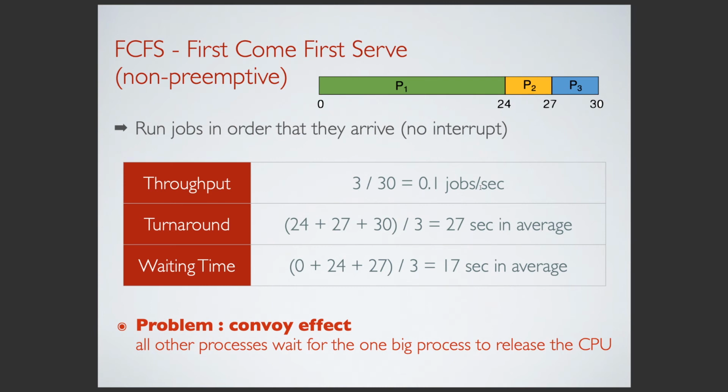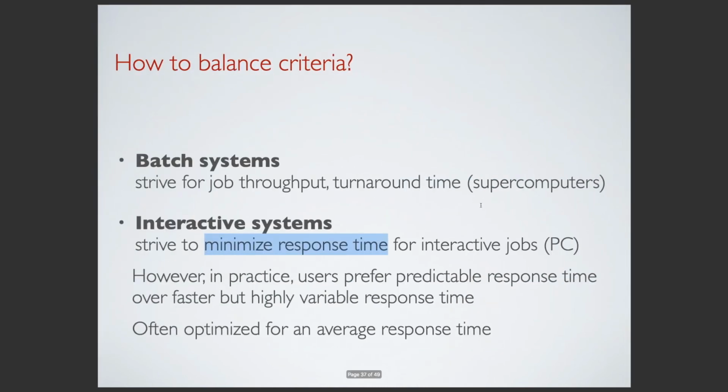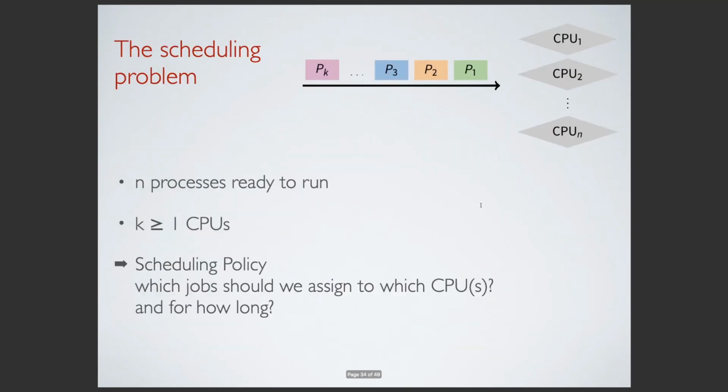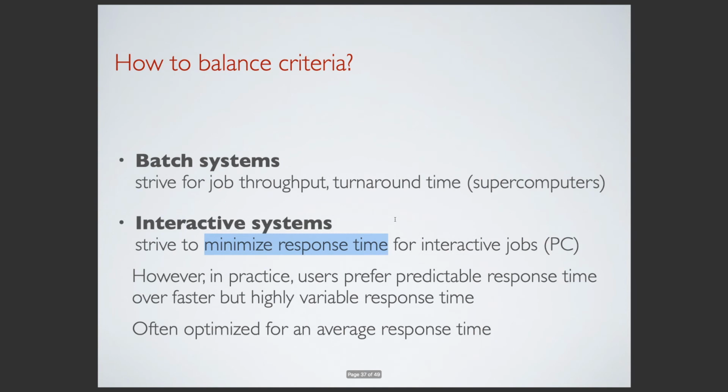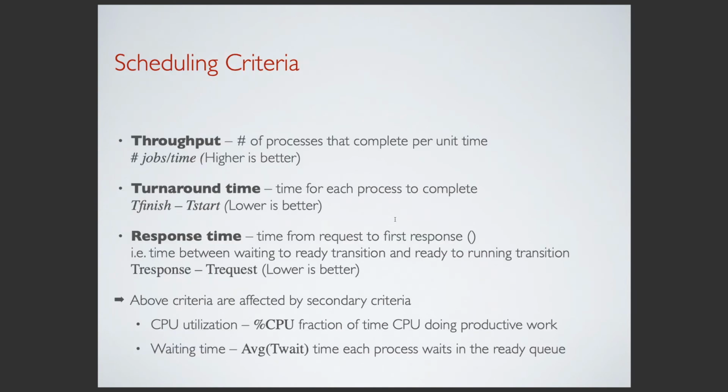That's my throughput. The idea here is that we're going to compare that with others. But what's my turnaround? Remember, it's the difference between the finish and the start, how long it takes to complete the task.